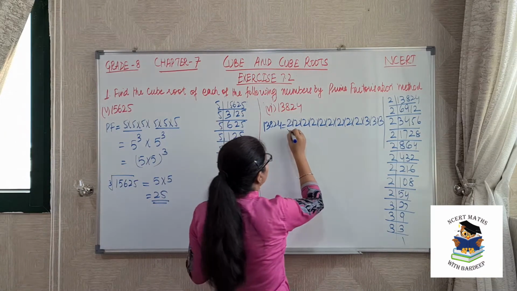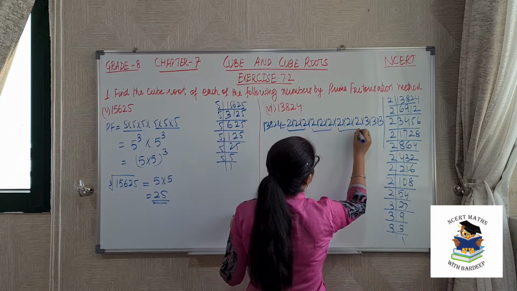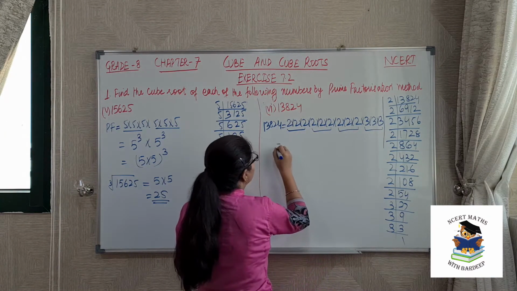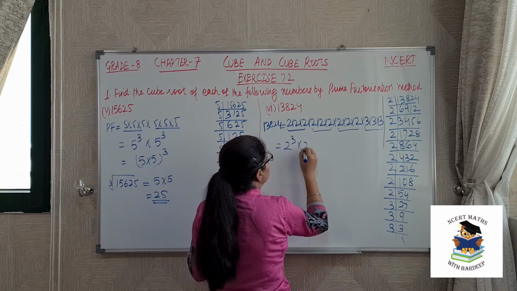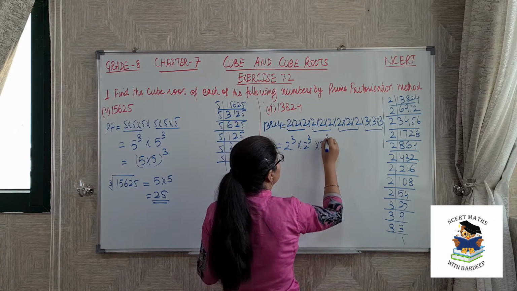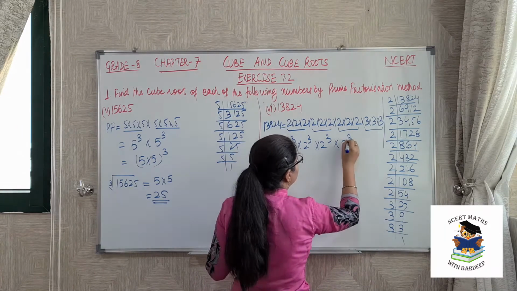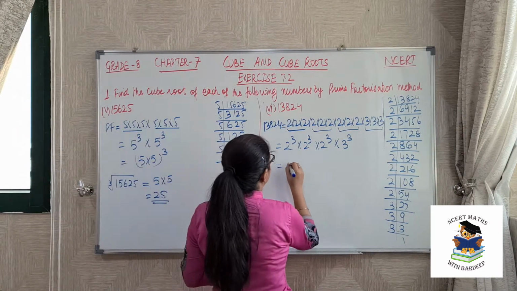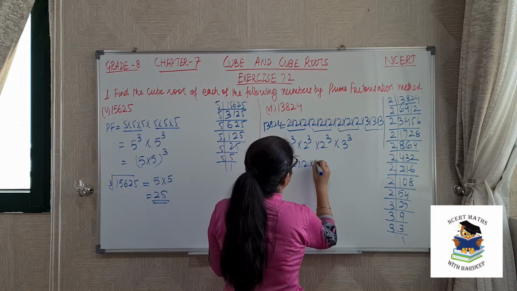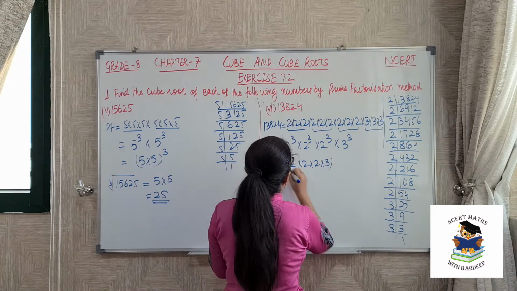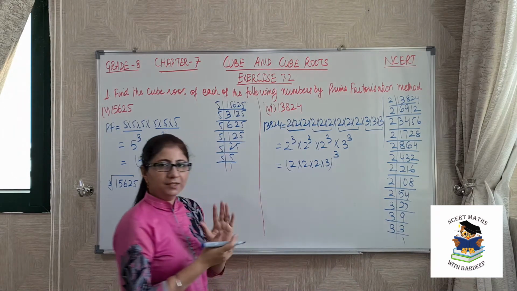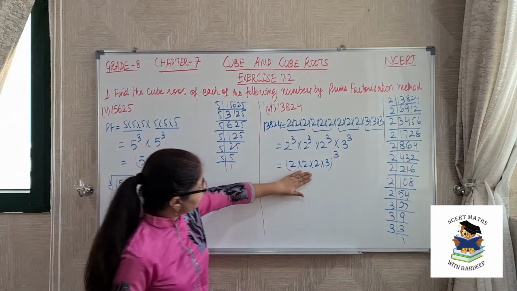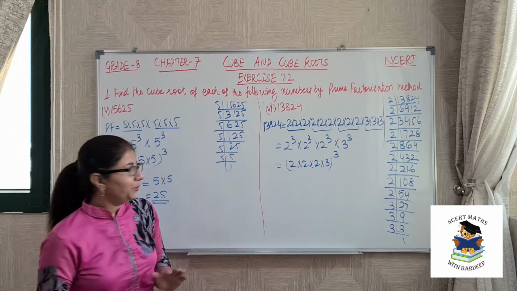So now one group, second group, third group and fourth group. So 2 raised to power 3, 2 raised to power 3, 2 raised to power 3 and 3 raised to power 3. So take the power out. So 2 into 2 into 2 into 3 whole raised to power 3. After this step, the product of these numbers is the cube root.